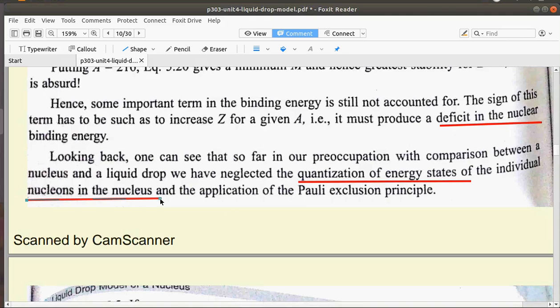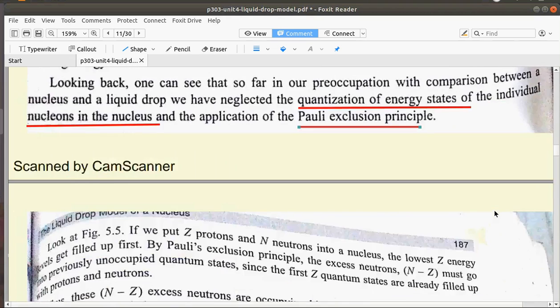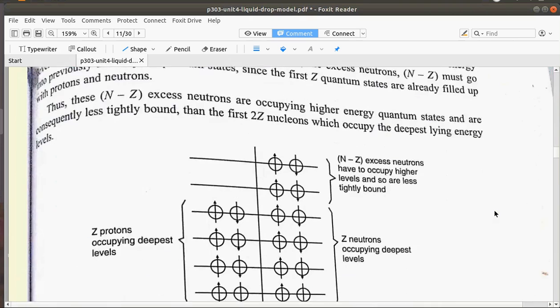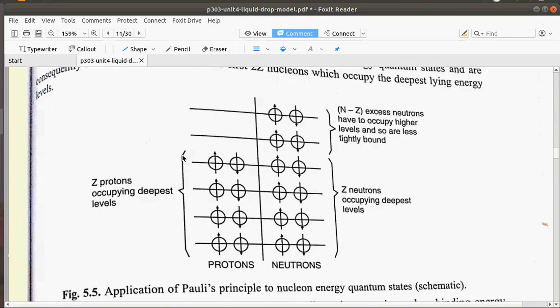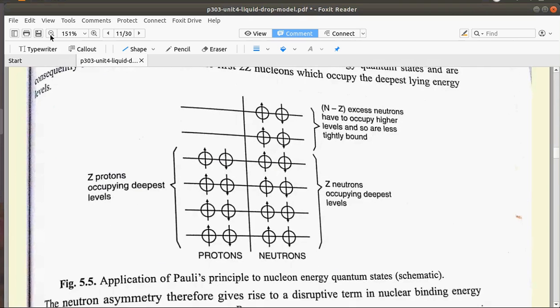Now nucleons are neutrons and protons. We know that protons are fermions, and we know that neutrons are also fermions, so basically Pauli's exclusion principle is applicable to them. Okay, now let me reduce this.